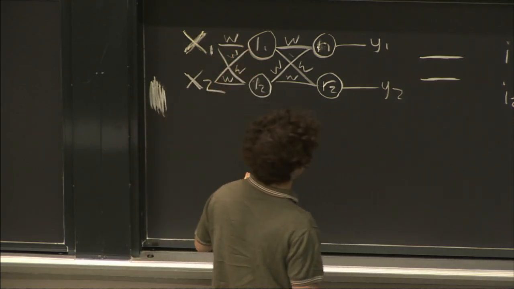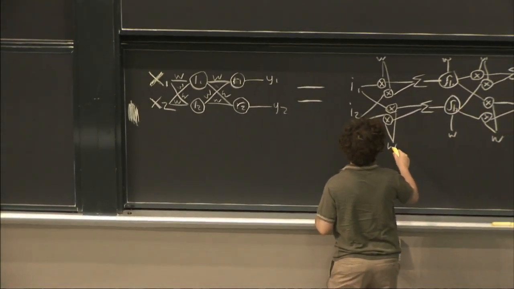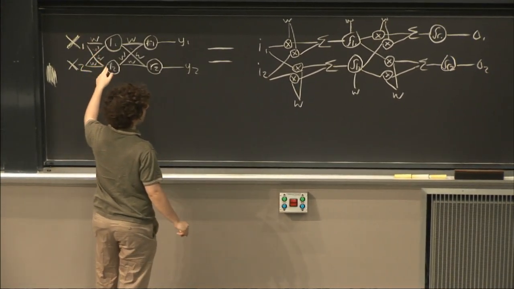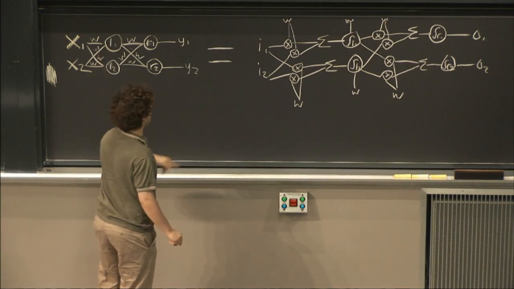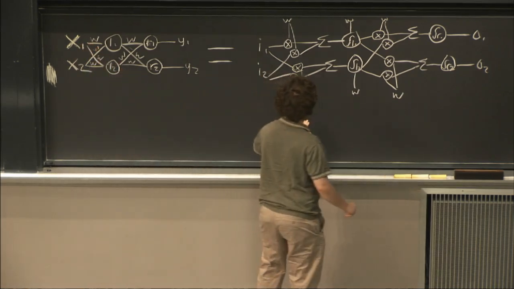But take a look here. This is the same net. These W's here would be the W's that are written onto these lines here.